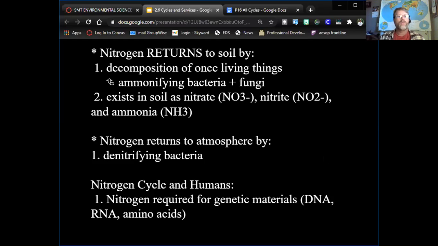So not only is nitrogen important for our plants and all of our fruits and vegetables to grow, we need nitrogen in our bodies for things like DNA. DNA is built, and the codes of DNA are passed around by another thing called RNA, and both DNA and RNA require amino acids. So this is all important for the code of life inside your cells.